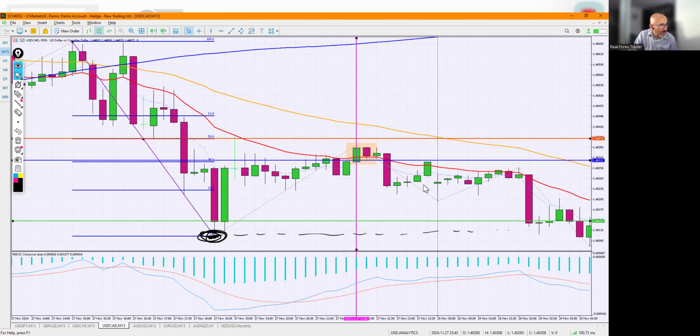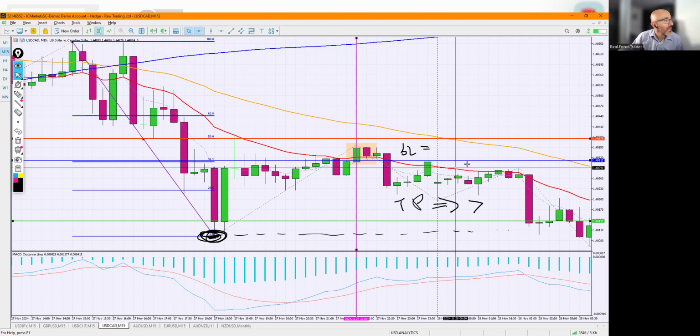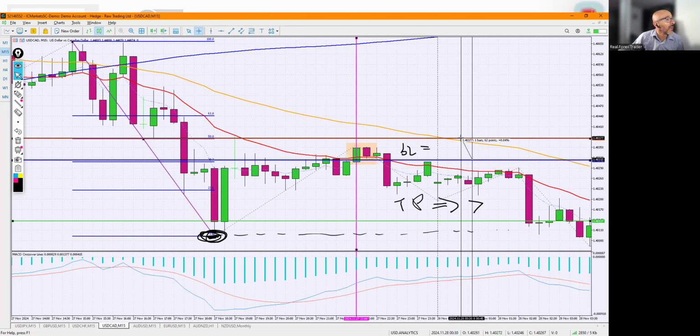That said, remember again something here. My take profit always has to be greater than my stop loss, right? Say, for example, how many pips am I risking with this trade? I'm risking here, say, 6.2 pips, right?